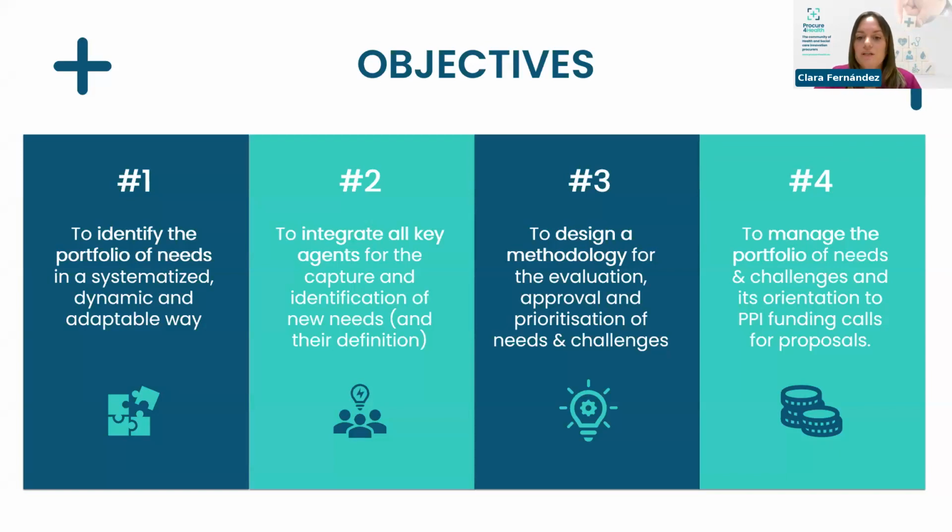Number three will be to design a methodology for the proper evaluation, approval, and prioritization of needs and challenges. And the last one, we want to manage the portfolio of needs and challenges and its orientation to public procurement of innovation funding calls for proposal. This is to transform the challenges into real solutions, but we are going to talk about it later.